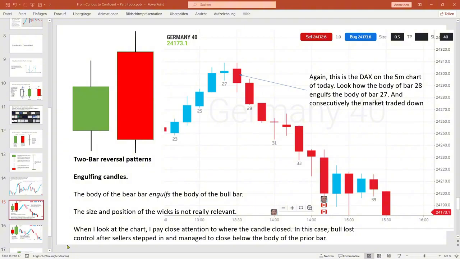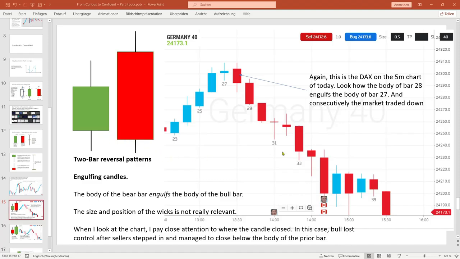What that means, again, in the stories of bulls and bears, is the bulls lost control after sellers stepped in. It went first up, but then sellers stepped in and moved it all the way down and closed below the body of the prior bar.